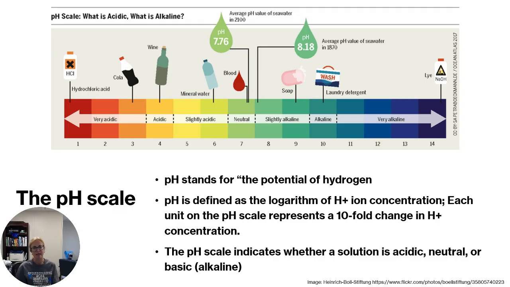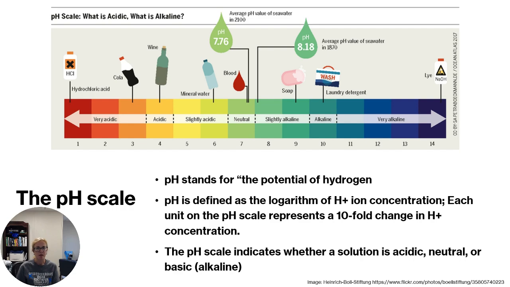So something with a pH of 8 is 10 times more basic than something with a pH of 7. And notice that anything with a value lower than 7, which is neutral, is going to be an acid, and anything higher is going to be a base.